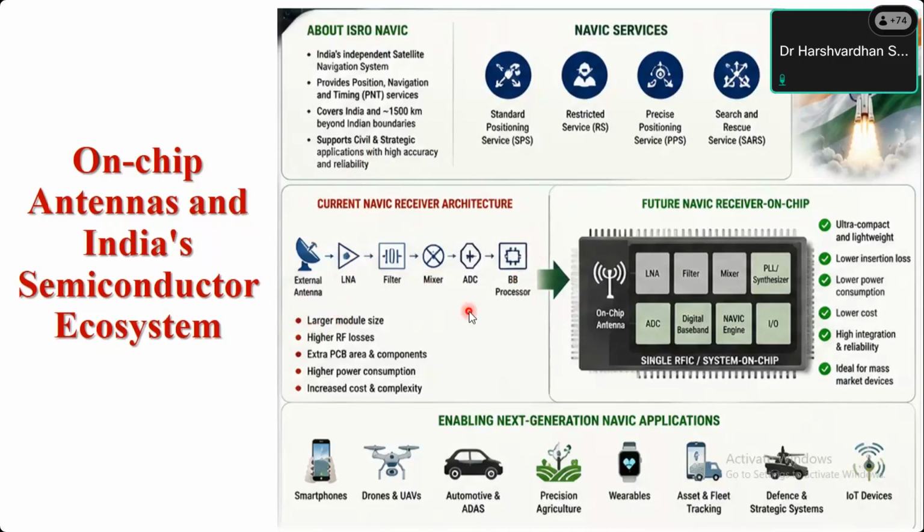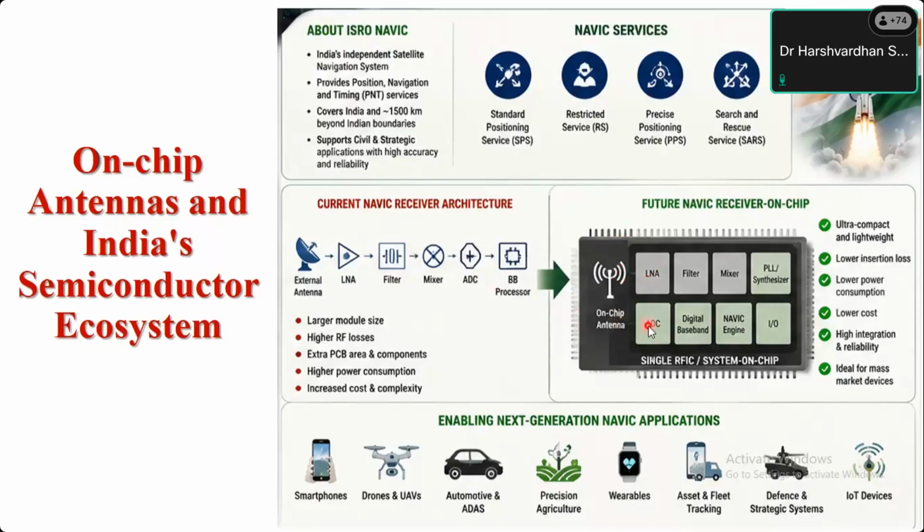Here we can see that the antenna is again kept outside, and GPS people are already working on that. Now, to make this futuristic NavIC receiver on chip, we can develop this on-chip antenna also, because with the help of the on-chip antenna, we can make this a compact, lightweight NavIC receiver chip.